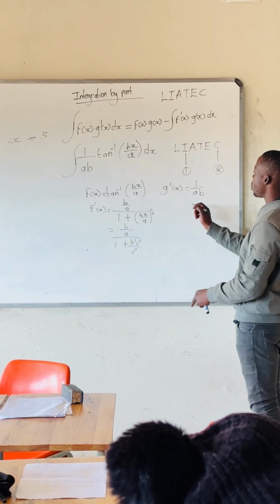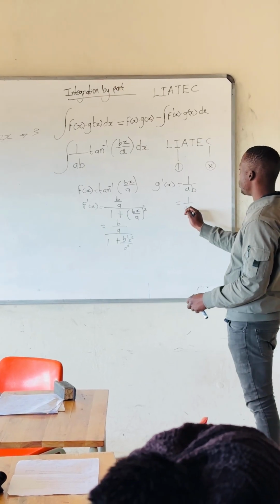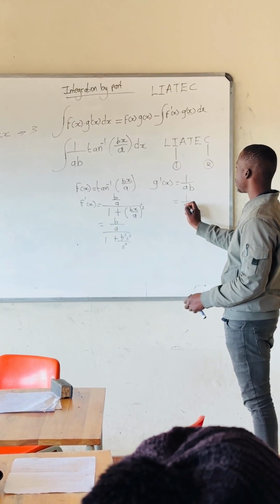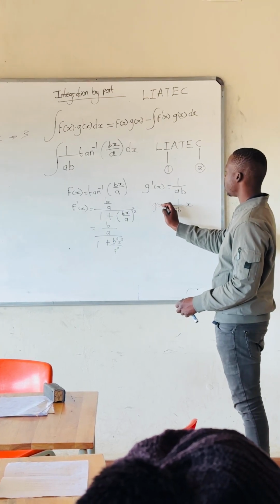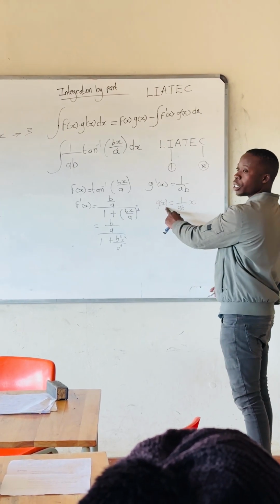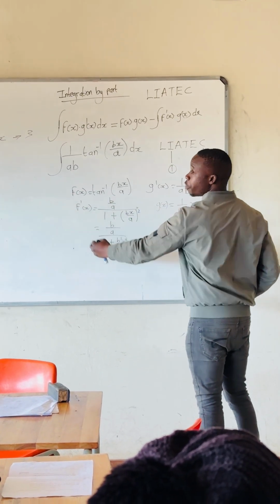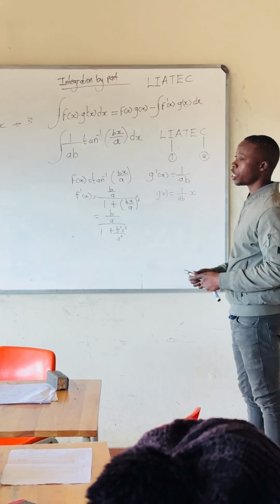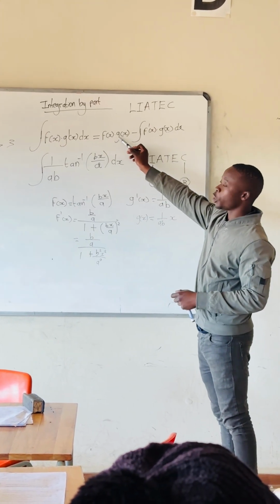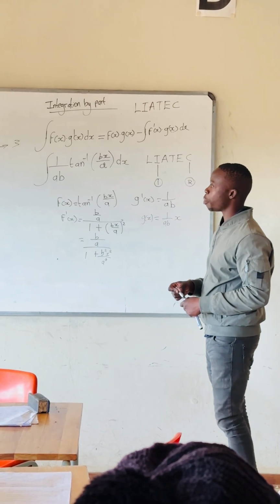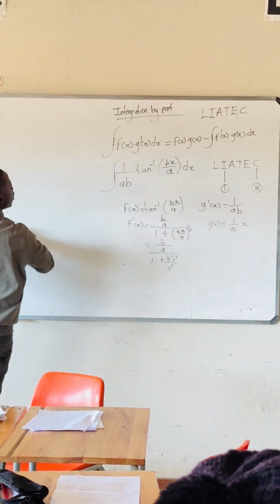So on this side we integrate. When you integrate a constant, you know it will be 1 over AB times x, because we are looking for the integration on this side. So we are integrating this side. Our first step is to substitute into the formula of integration by parts.